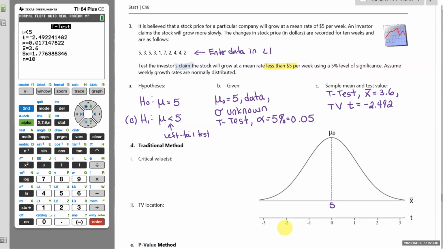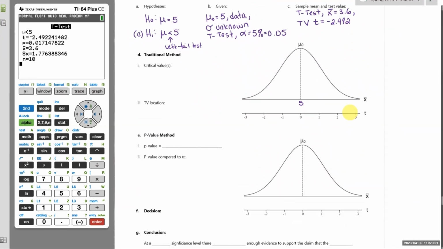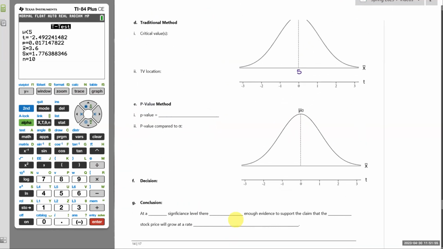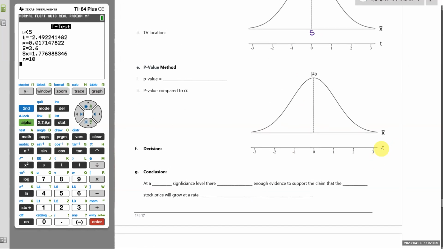And then, just for a change, I'm going to do my p-value method first. All right, so for my p-value method, center there, mu naught is 5. And all we graph on the t-axis here is our test value, so negative 2.492. So there's my test value.